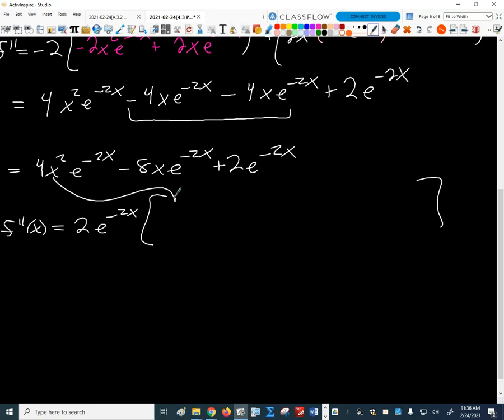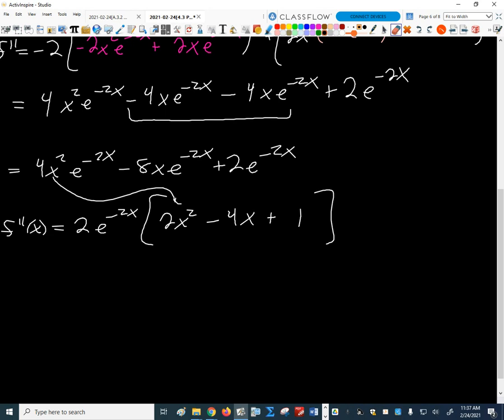I'm getting 2x squared minus 4x plus 1. It's a lot of work, right? But we got it whittled down to something we can deal with now.